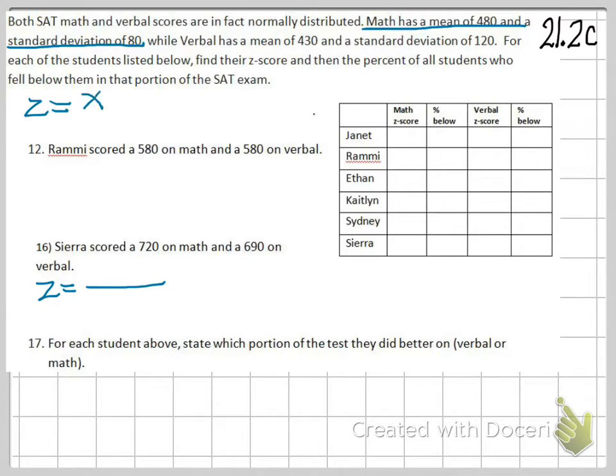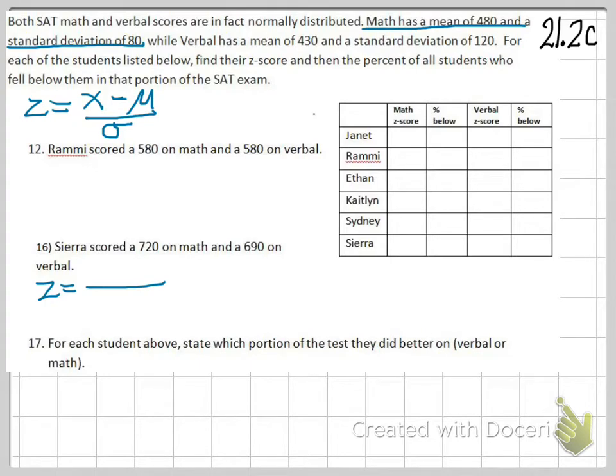Minus the mean, and if we're talking about the whole population, we're going to be using the Greek letter mu for our mean, divided by the standard deviation, which is this lowercase sigma.